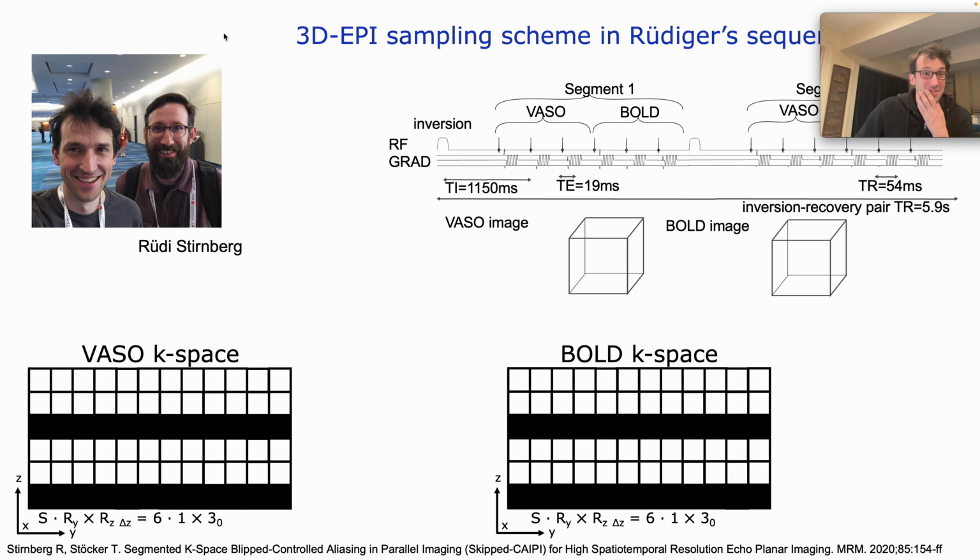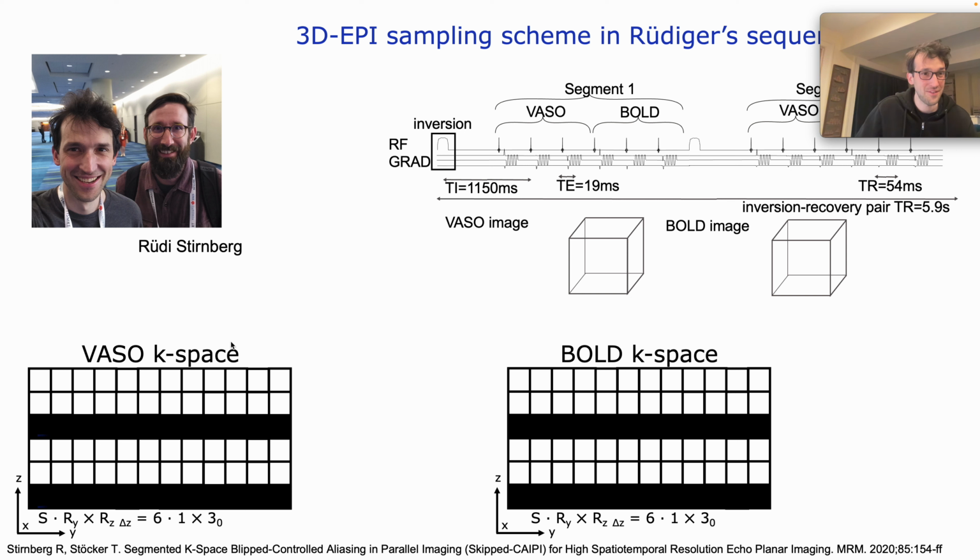I used 3D EPI from Rüdiger Stirnberg, because it gives us a lot of flexibility to deal with the artifact level, but also the very different noise regime that we expect at these very small voxels, to have 6 voxels across cortical depth, 0.45 millimeters or so. Even with the very exciting coils of 96 channels, we had to be conservative and not use a lot of GRAPPA, even no GRAPPA in plane at all, because we did not want to deal with g-factor noise amplification.